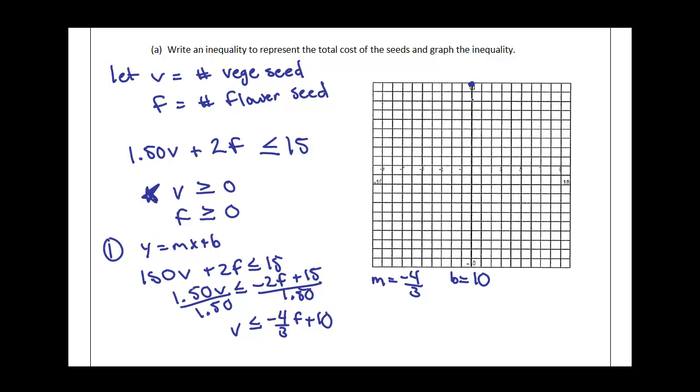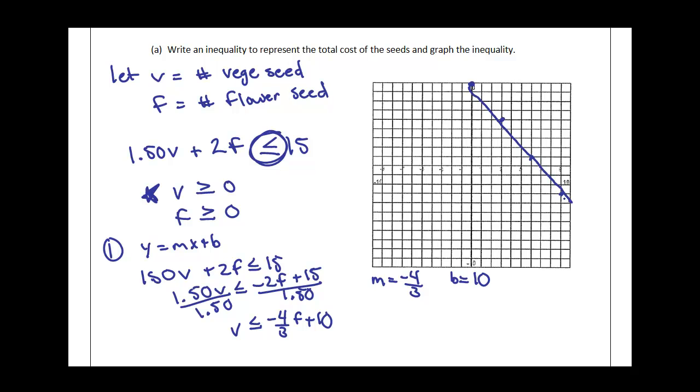So we're going down 4 and over 3, down 4 and over 3, down 4 and over 3. We're going to get something like that, and making a note that it is a less than or equal to inequality, so it's a solid line in this case.